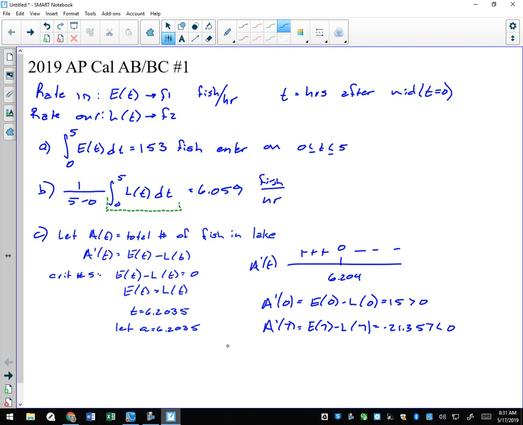It does ask you to justify the answer. Number of fish, what does it say? The greatest number of fish.